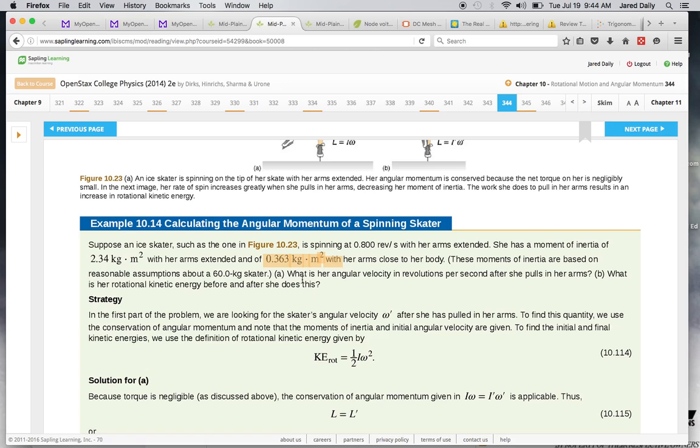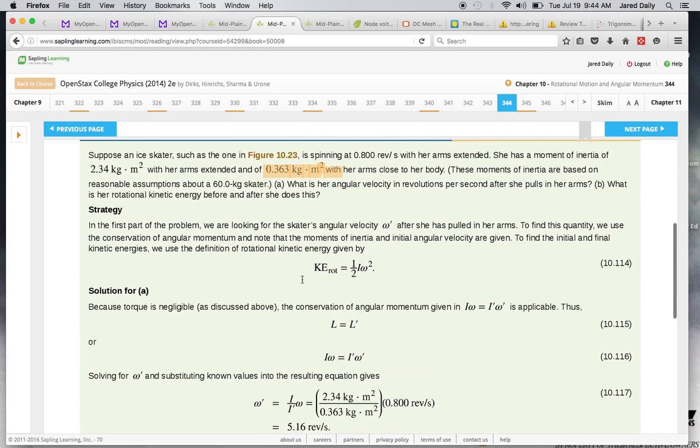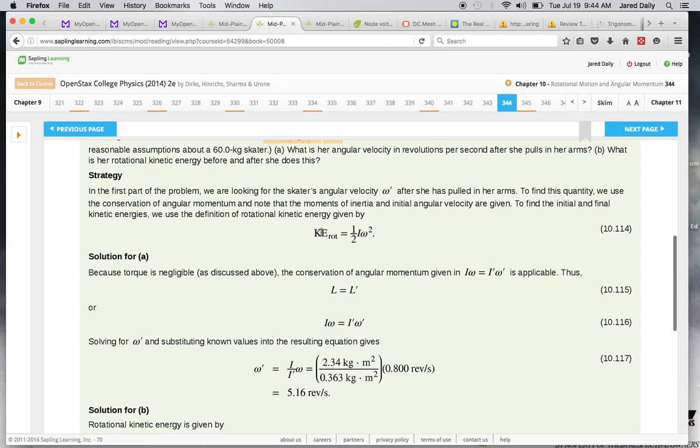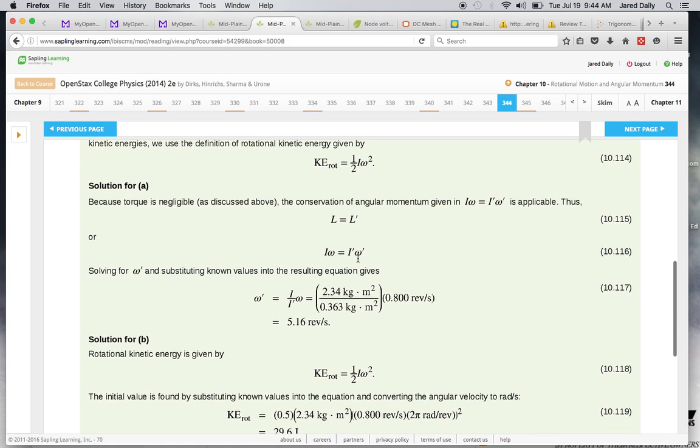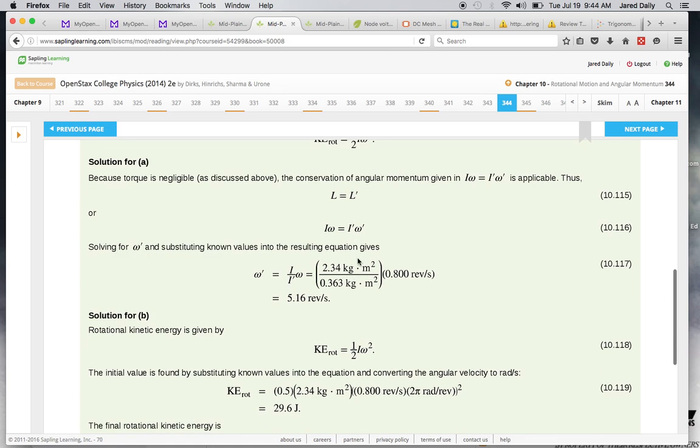We want to know her final angular velocity, and her rotational kinetic energy before and after she does this move. The rotational kinetic energy equals 1/2 I omega squared, and that's something we'll use eventually. But first, initial angular momentum equals final angular momentum: I omega equals I prime omega prime.